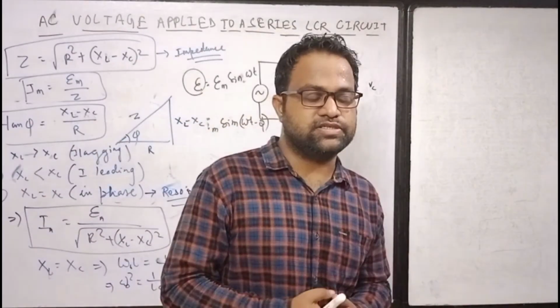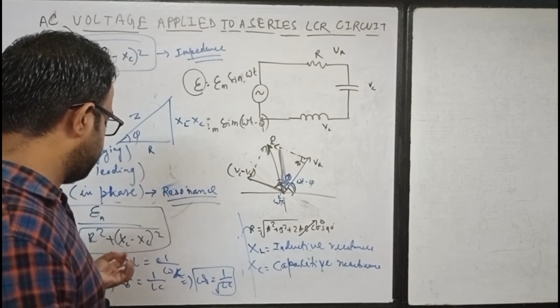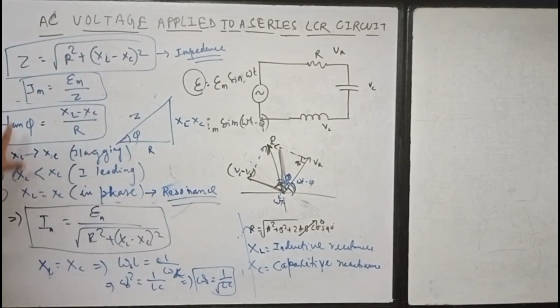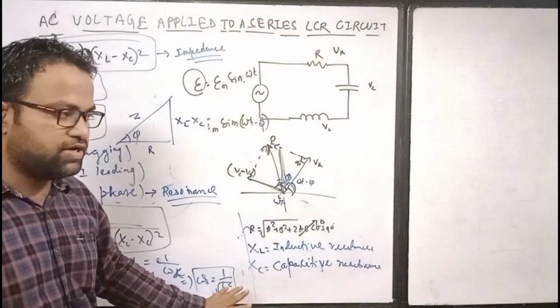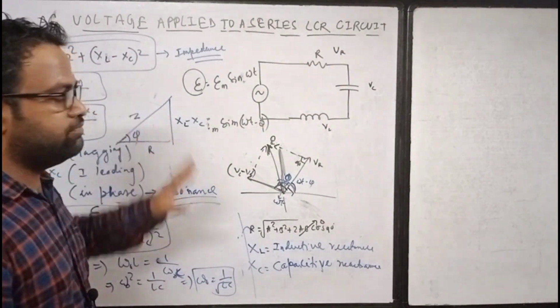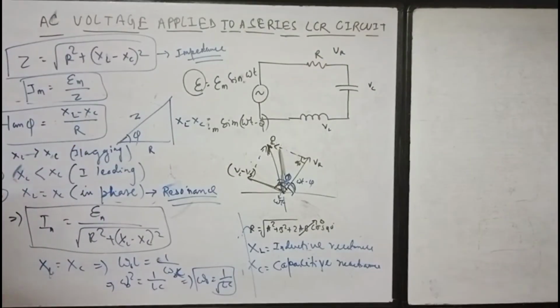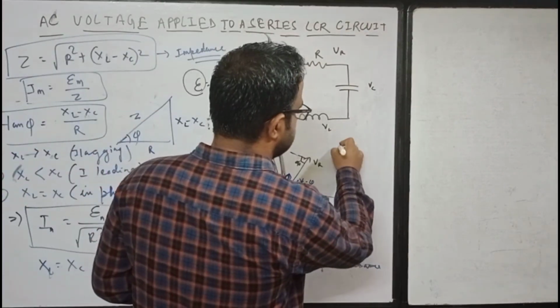Sometimes later we'll discuss that. Here you just try to get that this is the resonance condition, and these are the important factors. We have discussed all the solutions here by the phasor diagram method.